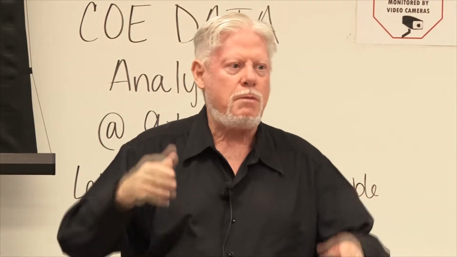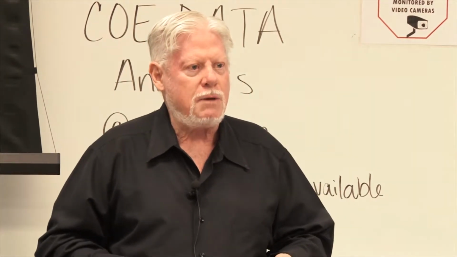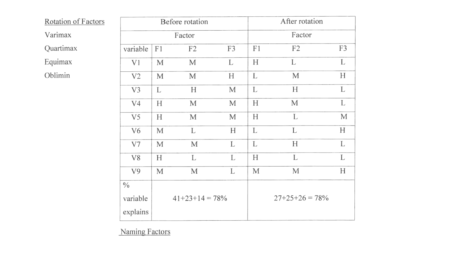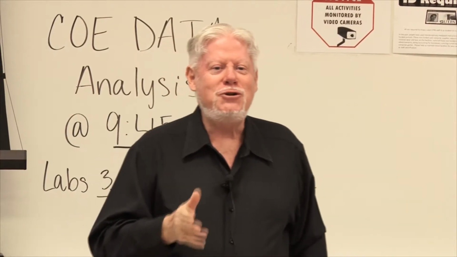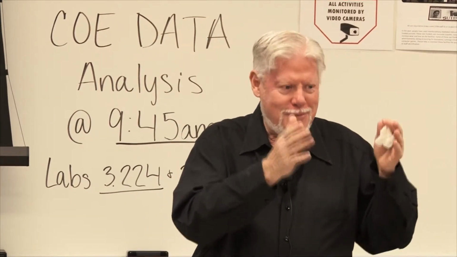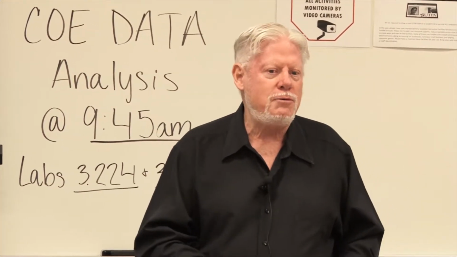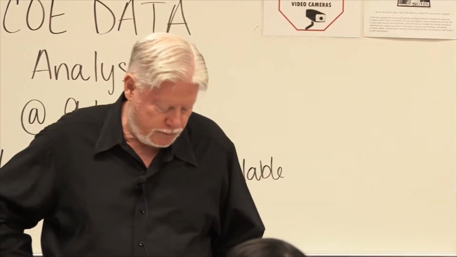And then Equamax would maximize on both rows and columns. Rarely will we use that because it will yield non-orthogonal factors. Again, the reason you're doing it is to reduce the data and get some purity. But there are times when you have to use that. I have had to use it before.